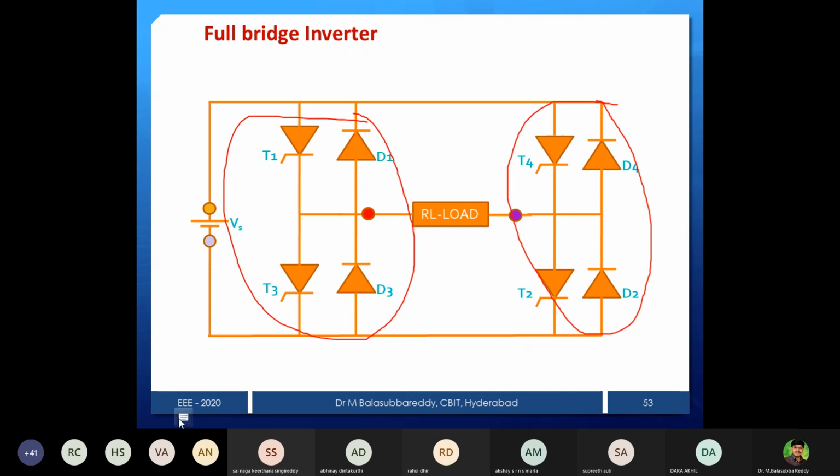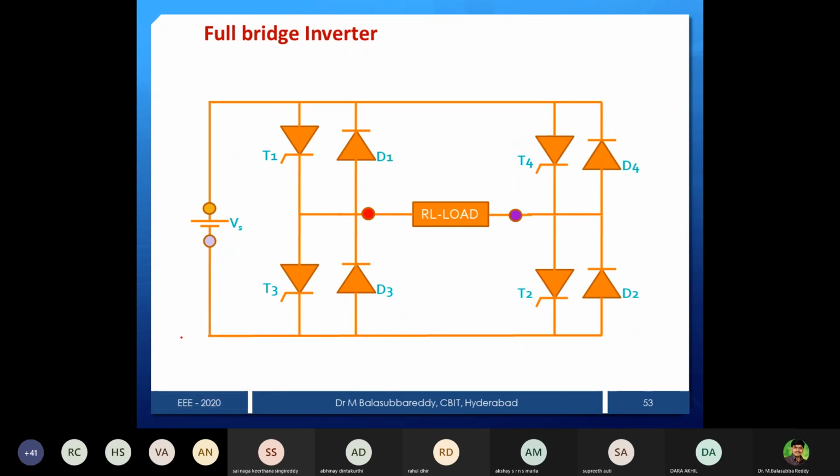Now here you can see that if the supply is given and the firing pulse is given at the same instant, T1 and T3 should not fire at the same time. T4 and T2 should not fire at the same time, because both are in the same leg. That's why T1, T2 will not fire at the same time, and T2, T3 will not fire at the same time.